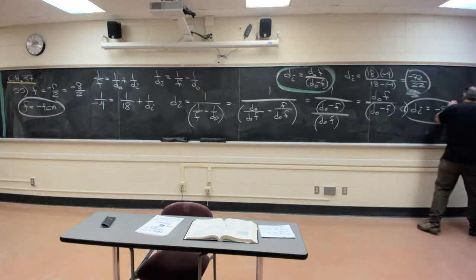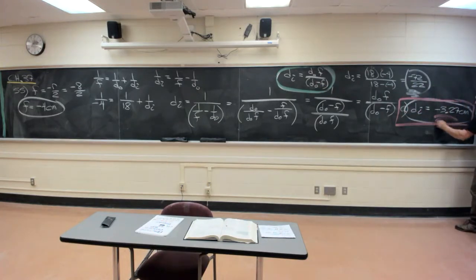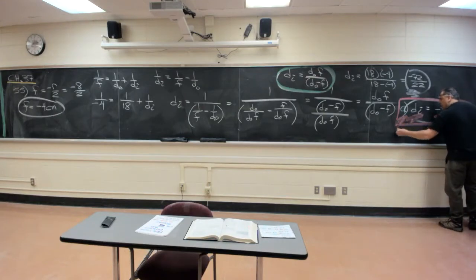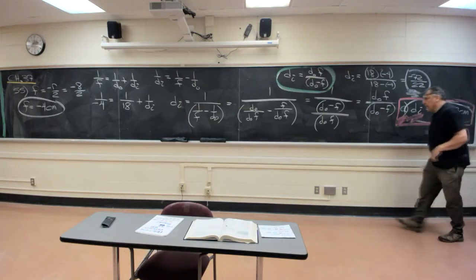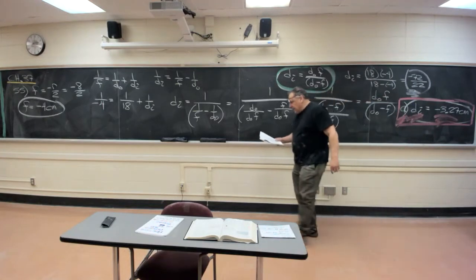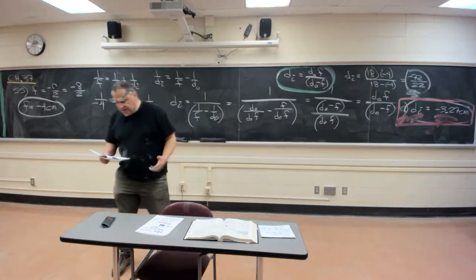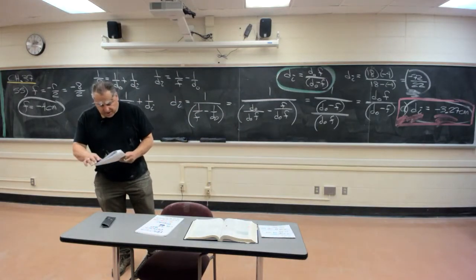That's A. The image distance is negative. That's for sure a virtual image. The image is 3.27 centimeters behind the mirror.